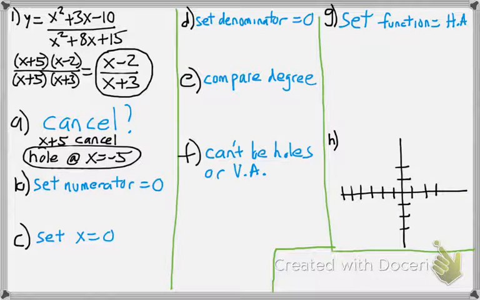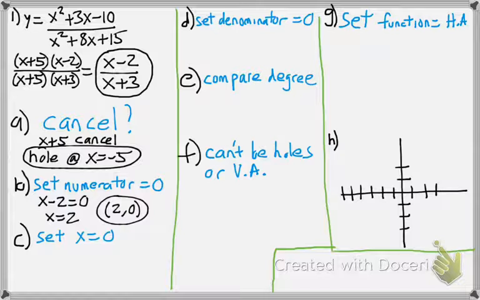So for part B, to find the x-intercepts, we need to set the numerator equal to 0. So x minus 2 is equal to 0. So x is equal to 2. And if I write that in ordered pair notation, it is (2, 0).